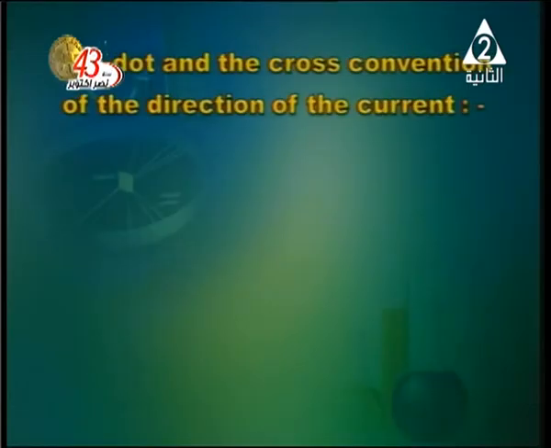And now we've got a convention which is very important talking about the fields, and it is used everywhere. It is an international language. It is the dot and the cross convention of the direction of the current.